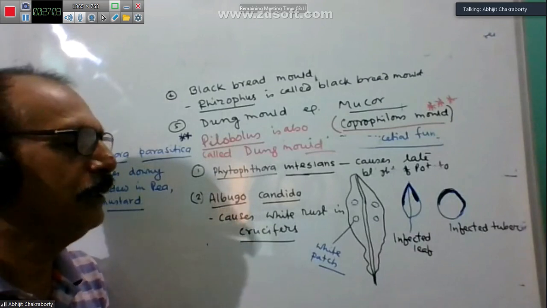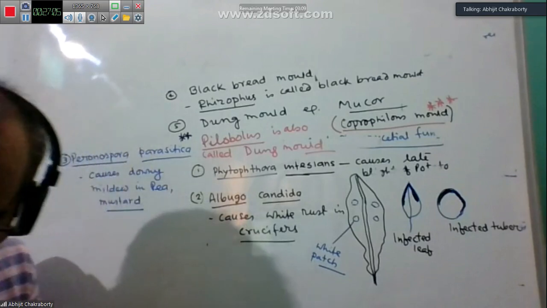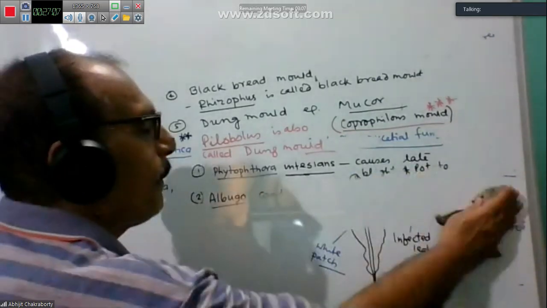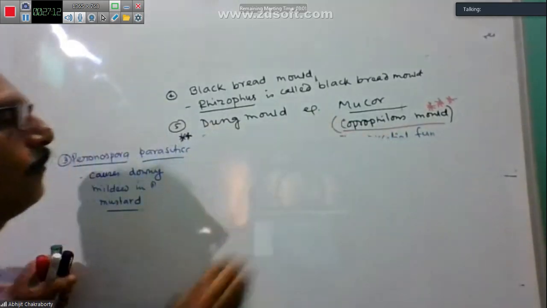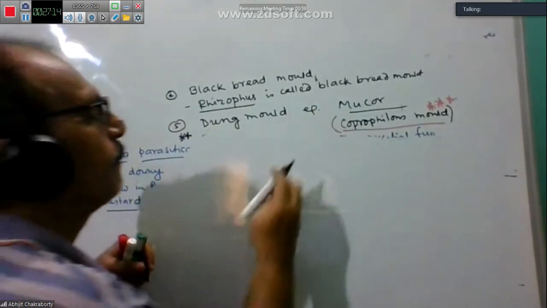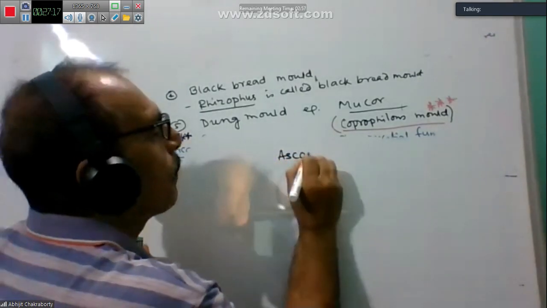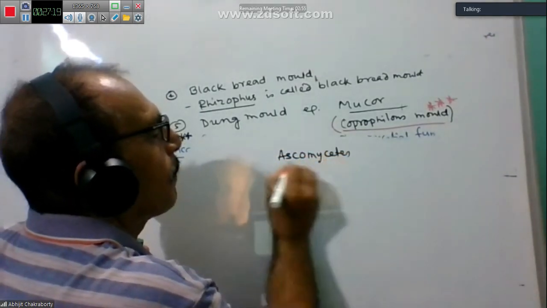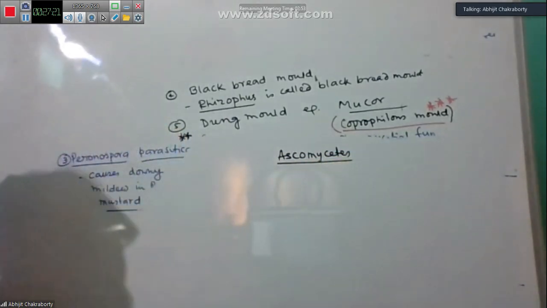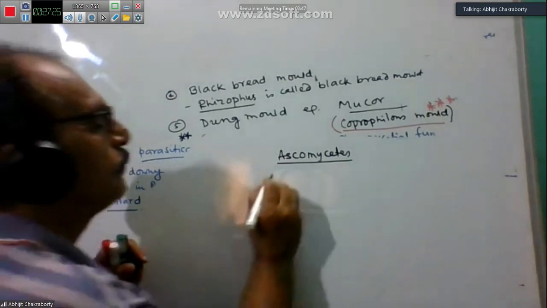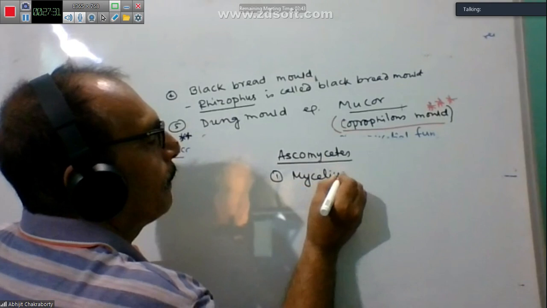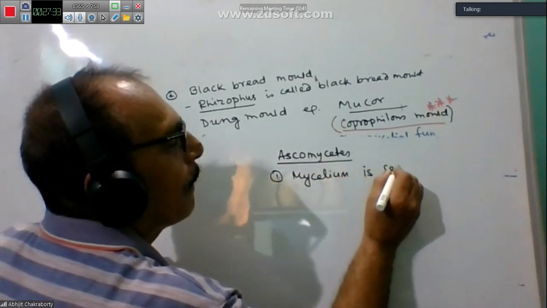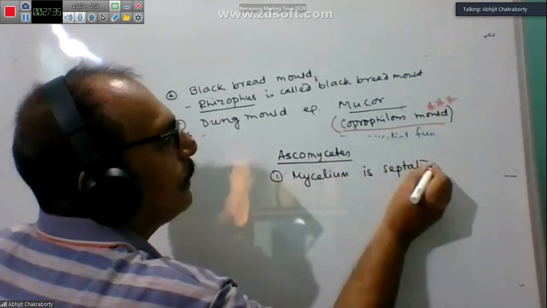Now we are proceeding towards the Ascomycetes. Next group. So here, most important first point, mycelium is septate.